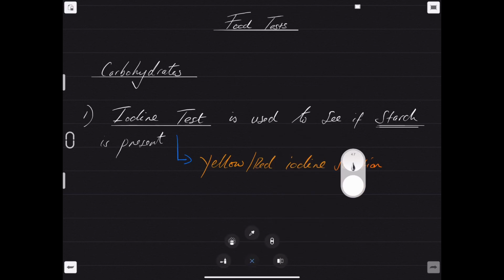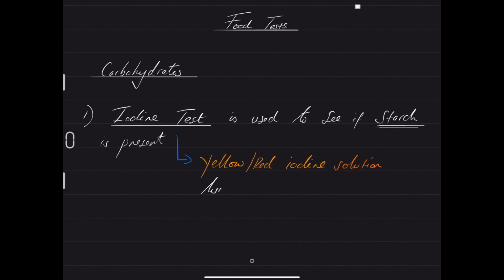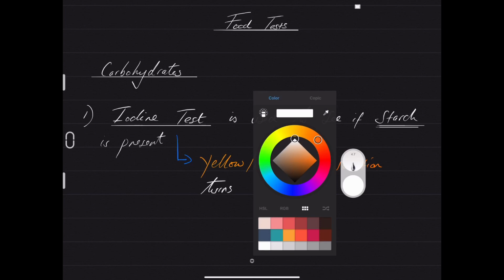I'm color coordinating it so it's easier to remember for you, and you can maybe match it a similar color when you write it in your notes. So I'm saying yellow or red iodine solution turns blue black. So let's take a darkish blue. It's not going to be easy to see.